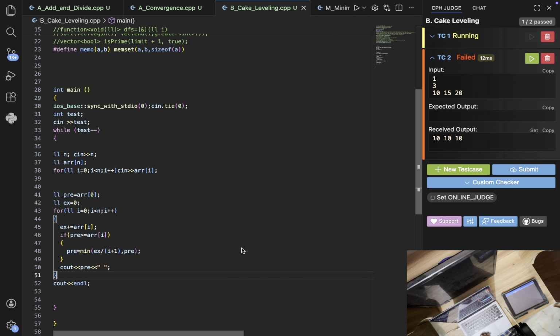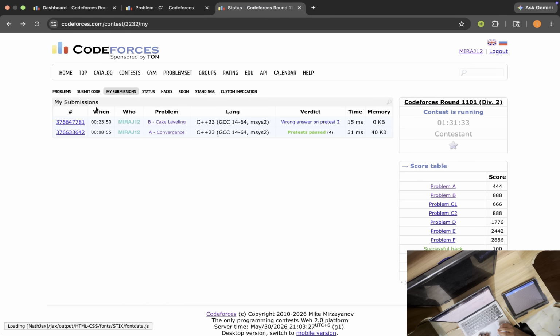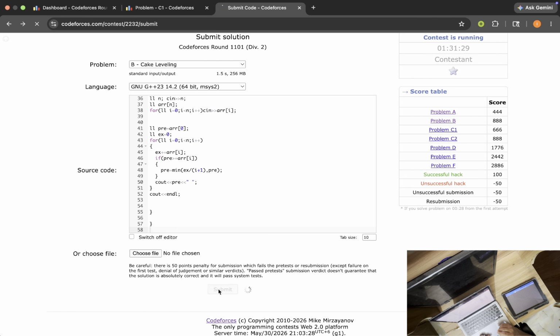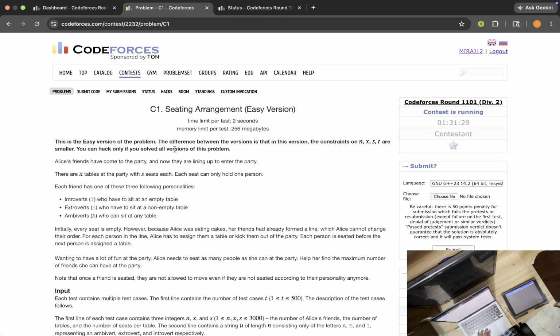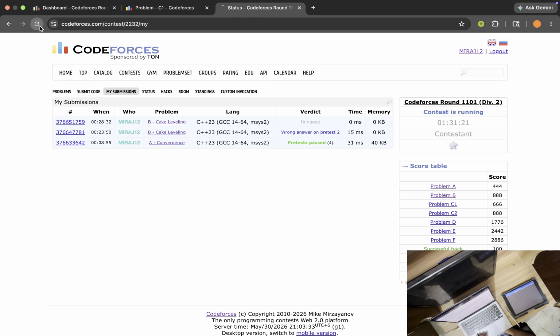It will gonna stay constant actually. This time it will gonna work. Let's see what will gonna happen. Yeah, that was a mistake.